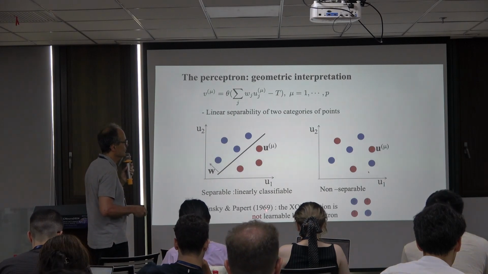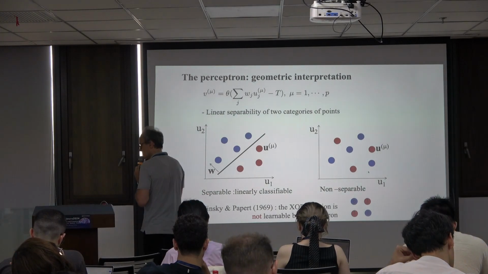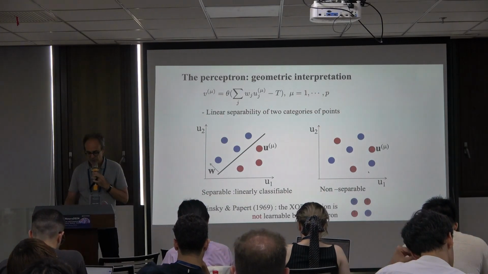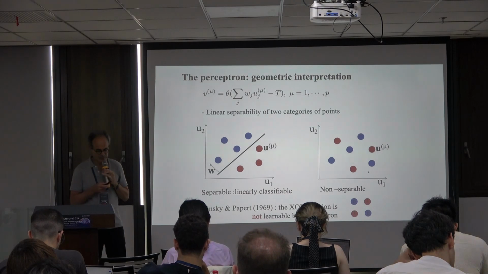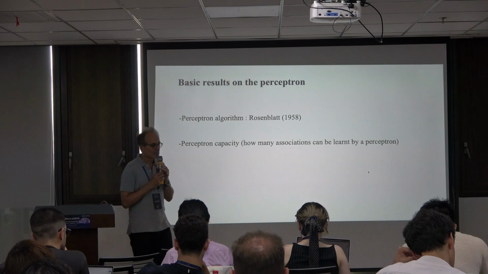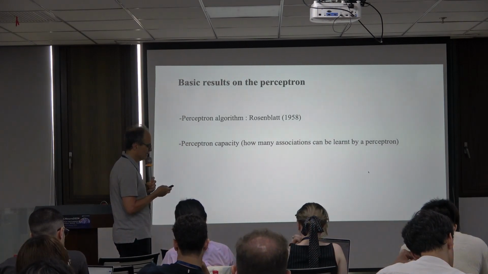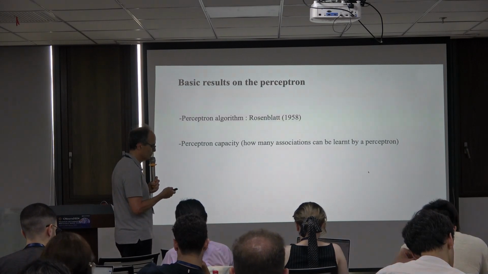So basically their conclusion was that the perceptron turned out not to be correct given the actual development in machine learning.